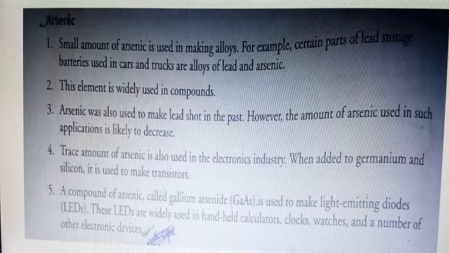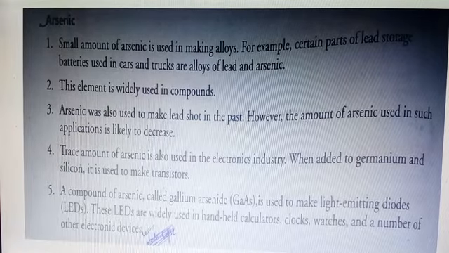And for making light emitting diodes, gallium arsenide is used, a compound of arsenic and gallium. These LEDs are widely used in handheld calculators, clocks, watches and a number of other electronic devices.